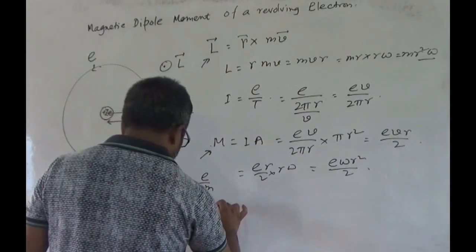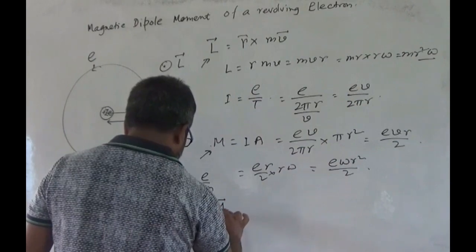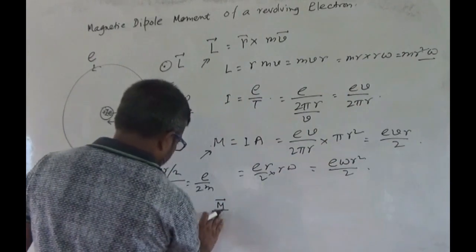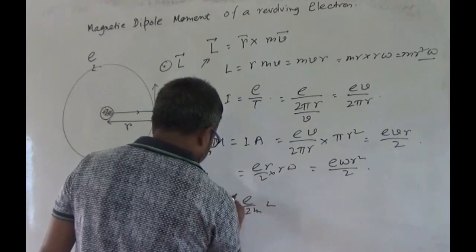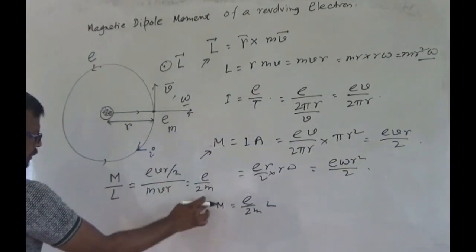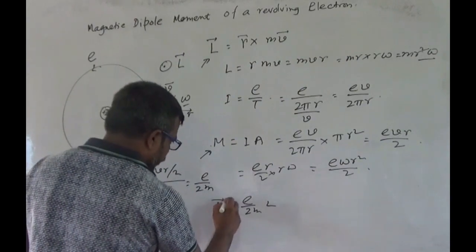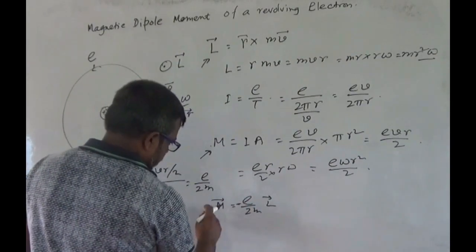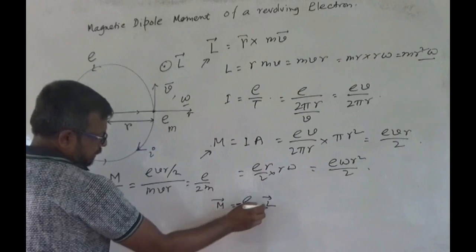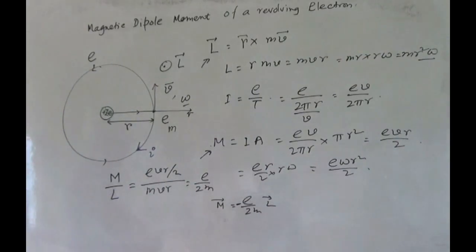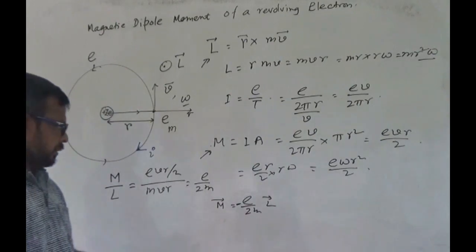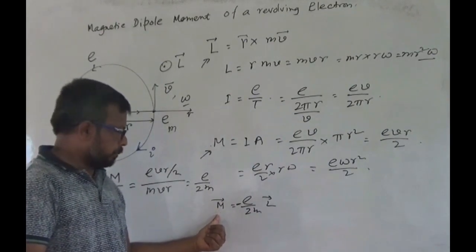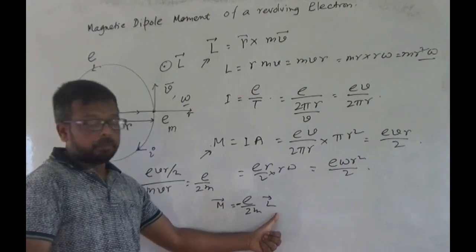Or in vector form we can write M is equal to e by 2m into L, right? And in vector form we can write M is equal to minus e by 2m into L. We put here one negative sign because this indicates that M, that is magnetic dipole moment, is in opposite direction of the angular momentum.